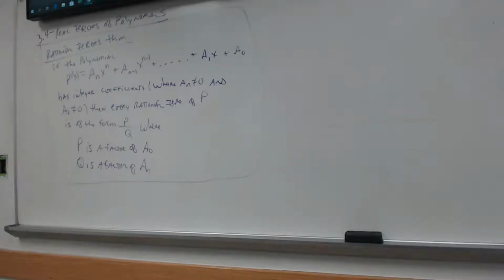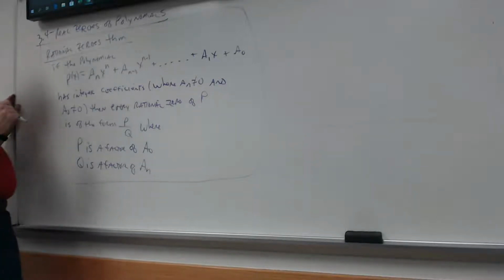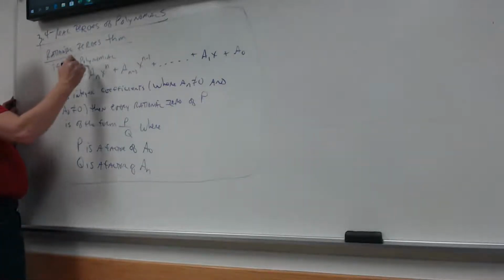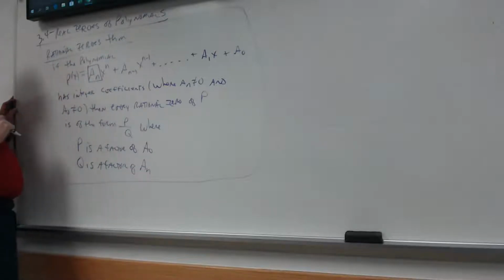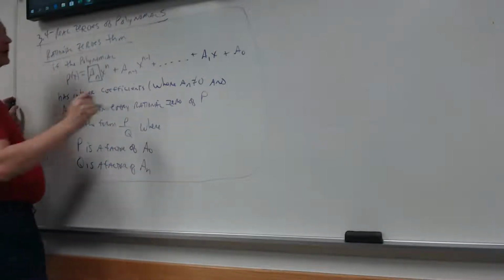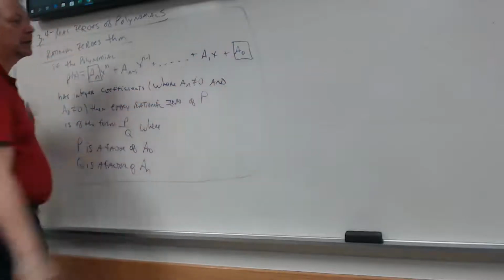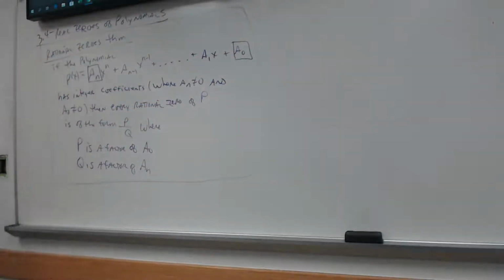So the easiest thing to remember is the most important numbers in this case are the coefficient of the leading degree and, at least, the constant term. Okay? So let me do an example here.